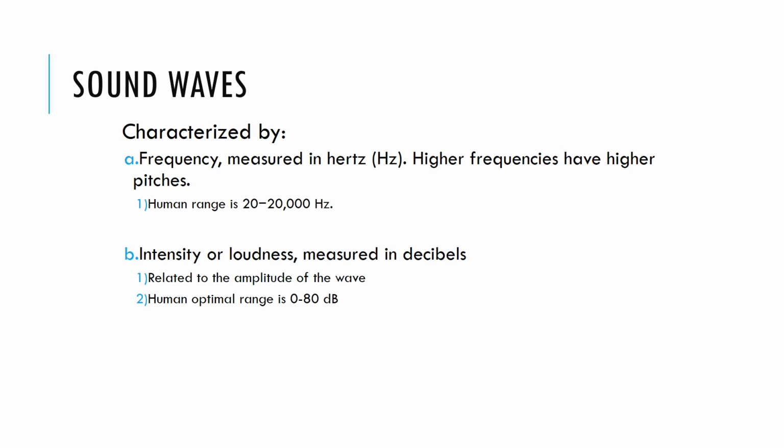And intensity or loudness is measured in decibels, which has to do with the amplitude of the sound wave. Our optimal range is between 0 to 80 decibels. Both frequency and intensity sensitivity start to decrease as we age due to exposure to loud sounds throughout our lives.